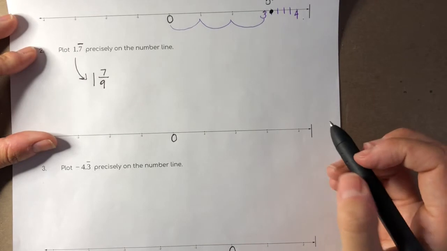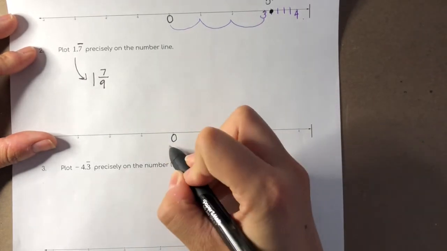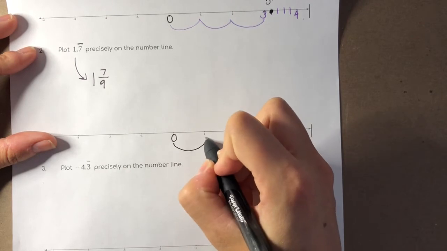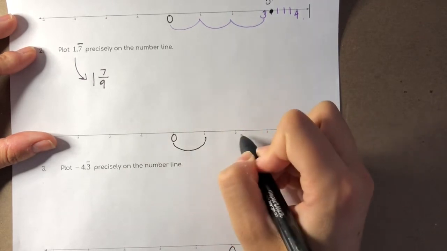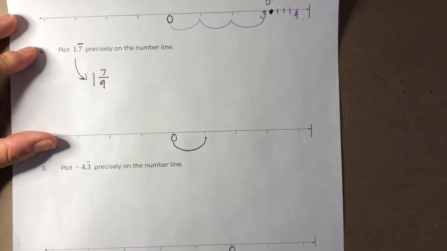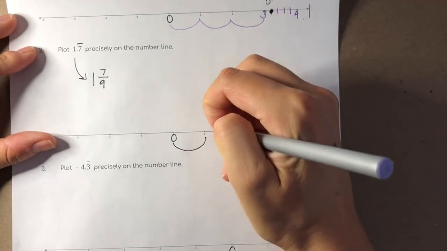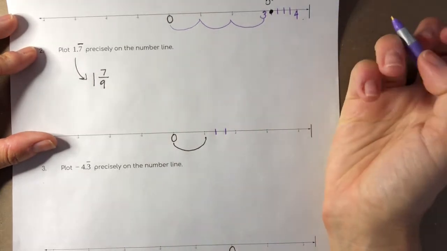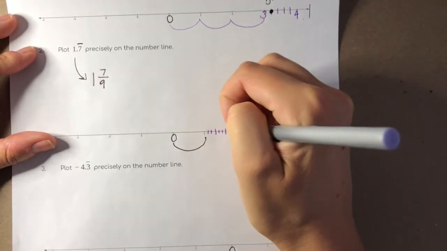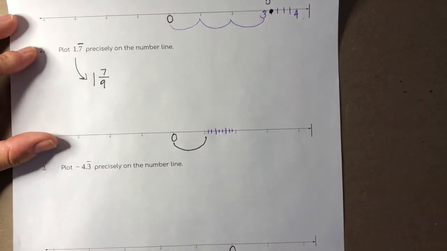So thinking back to last week, I know that I'm moving in the positive direction 1 full unit, and then I need to move 7/9 of the way over to 2. To create my ninths, I will first make thirds, and then I'll cut each of those into 3 pieces, using 8 lines total to make 9 spaces.